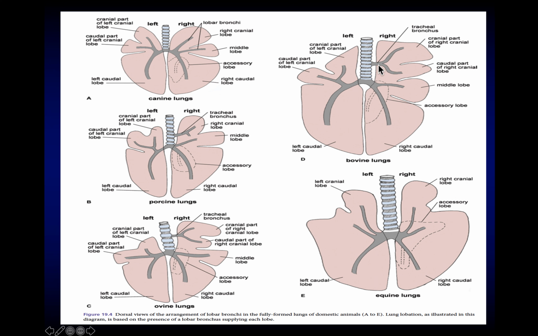Remember this structure here, which comes directly from the trachea and supplies the right cranial. This is found in ruminants and pigs. In the horse, we have the cranial, we have the caudal, we have the accessory, whereas on the left side we have only cranial and caudal.